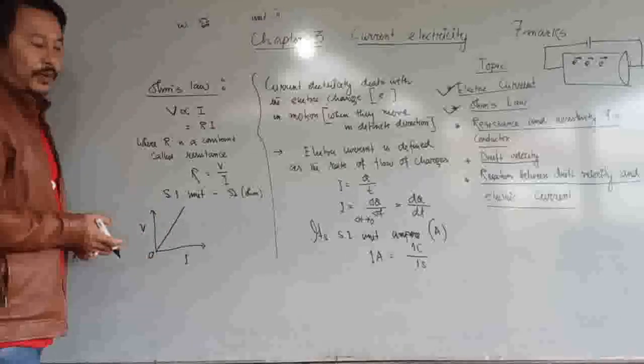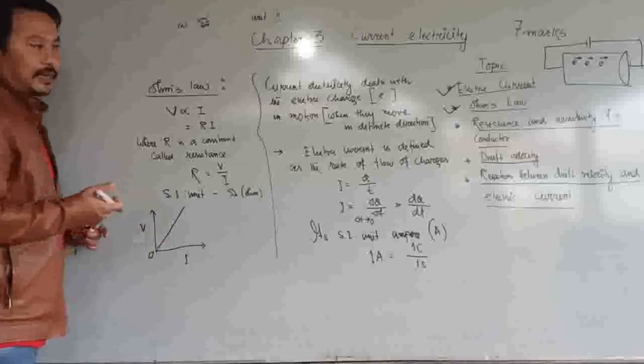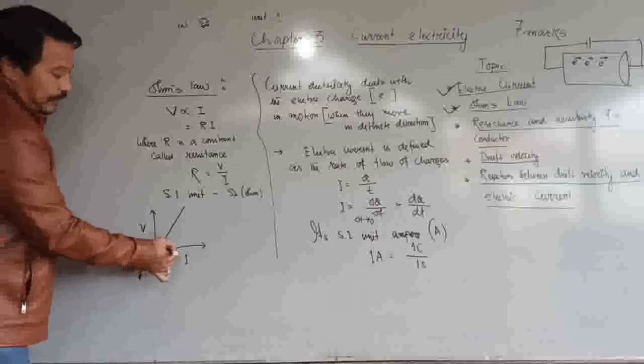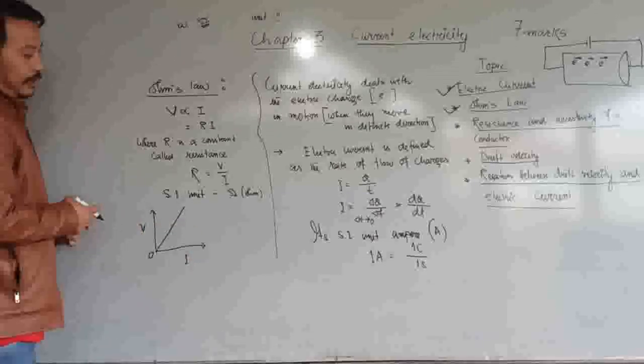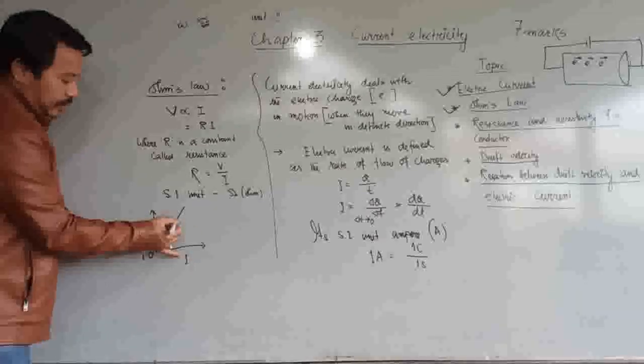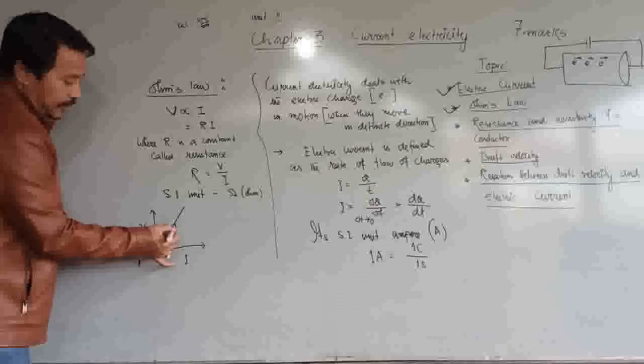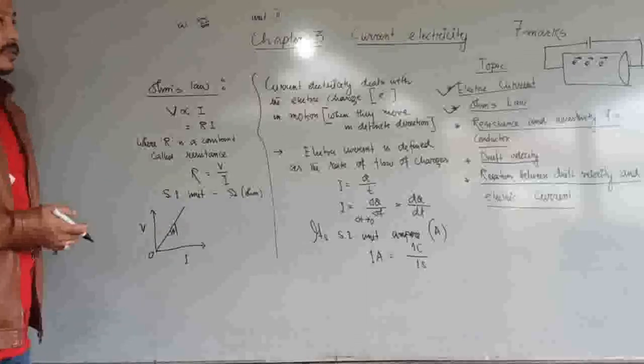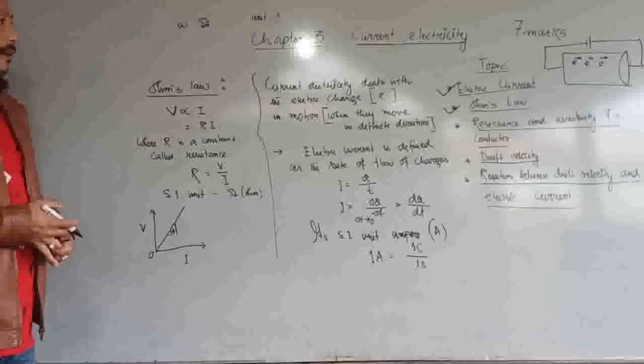As the voltage increases, the current also increases. The slope of the graph gives the resistance of the conductor.